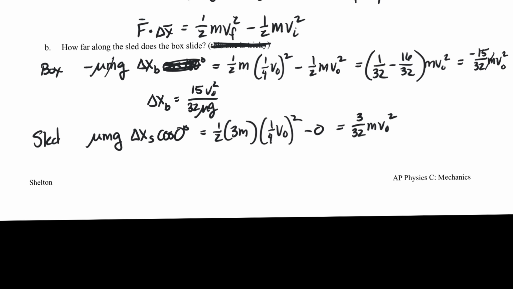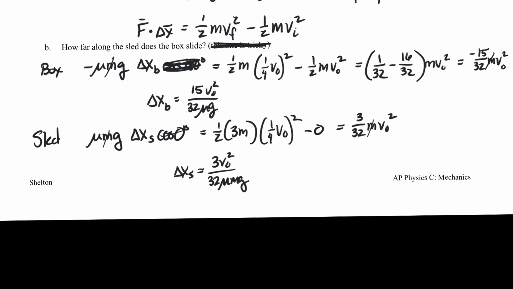I don't think there's anything I can do about that, so I think we're going to stop right there. But I can go ahead and cancel the m's. Can get rid of that cosine 0 degrees. I can solve for delta x_s, and that's going to equal 3 v naught squared divided by 32 mu g.